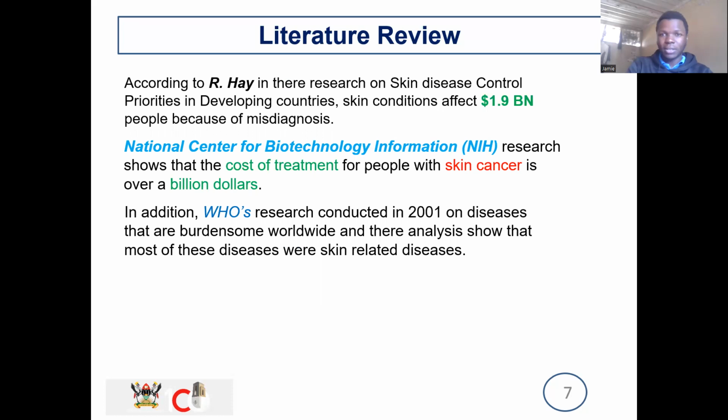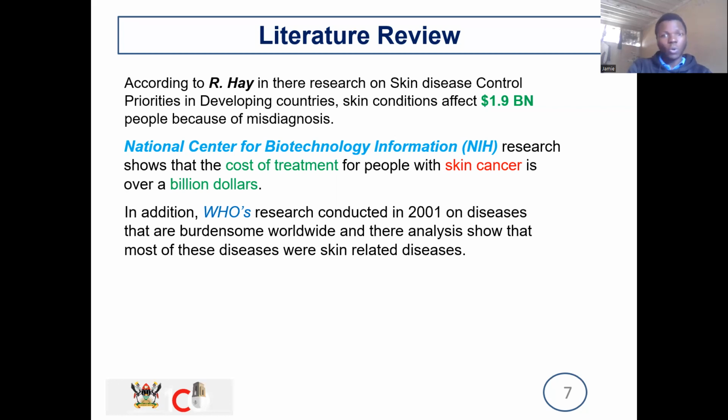Now that is just in the United States alone, and that accounts for roughly 40 to 80,000 skin disease cases that have been registered in the United States alone, in research carried out by RHA. Also the NIH, the National Center for Biotechnology Information, shows that the cost of treatment for people with skin disease or skin cancer is roughly over $1 billion US.